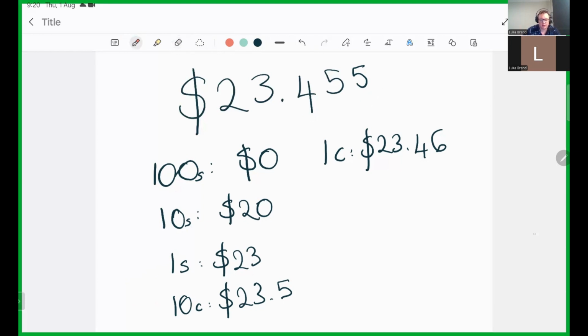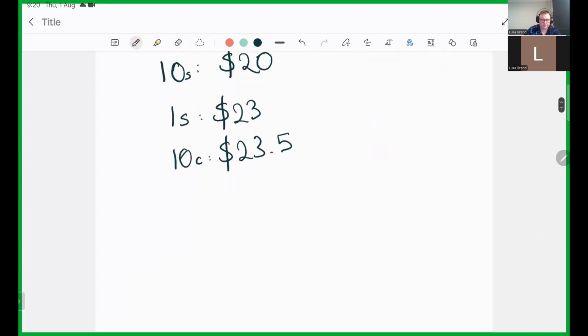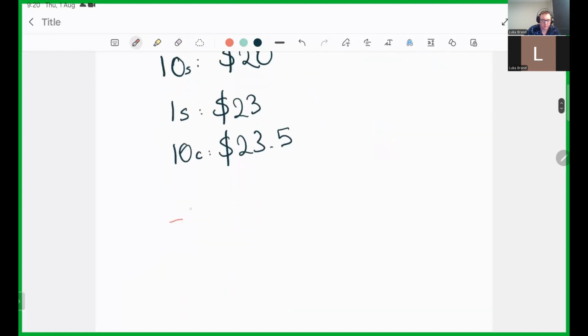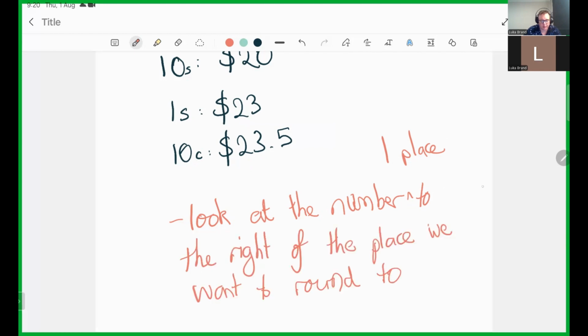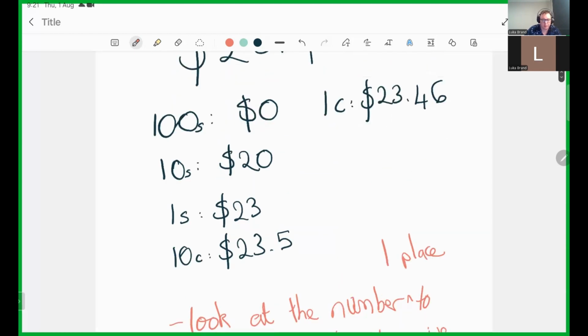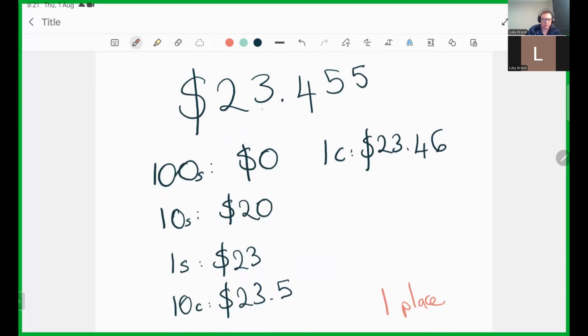So to make a summary rule, look at the number one place to the right of the place we want to round to, okay? So that's just where we look. If we want to round to the nearest 10, we're going to look at this.